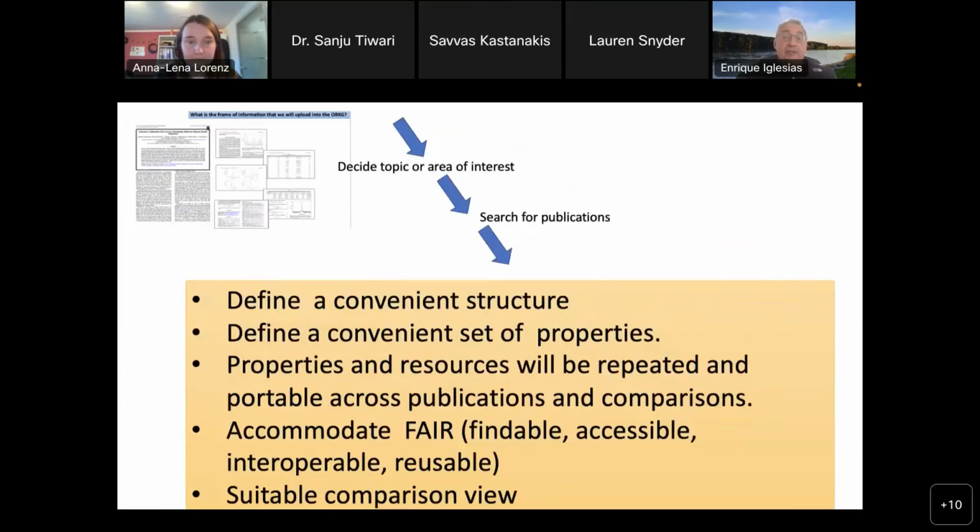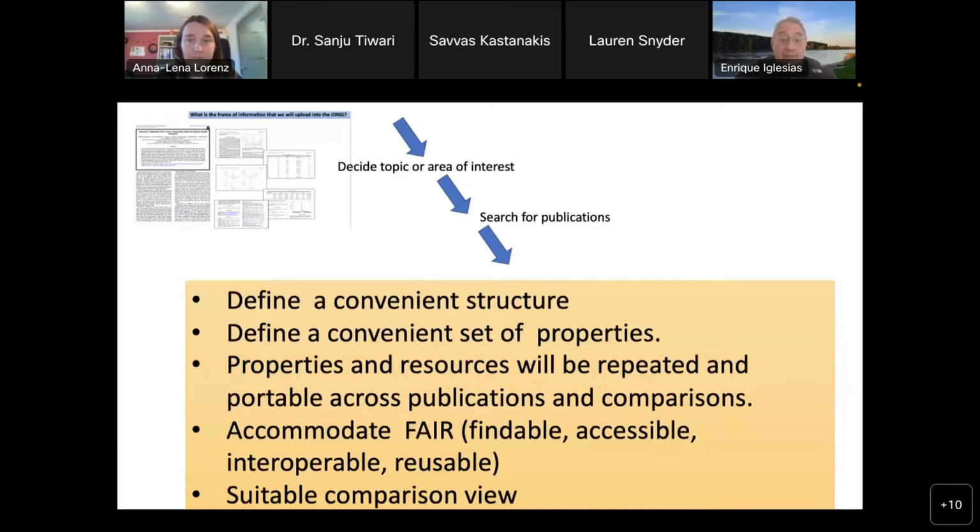Okay, so how we proceed to do this work: we decided first on an area of interest. We searched for these publications, and then we started to think about how to define a contribution in such a way that it will comply with what I said in my first slide, which is we need to define a convenient structure, and we need to search for convenient properties.